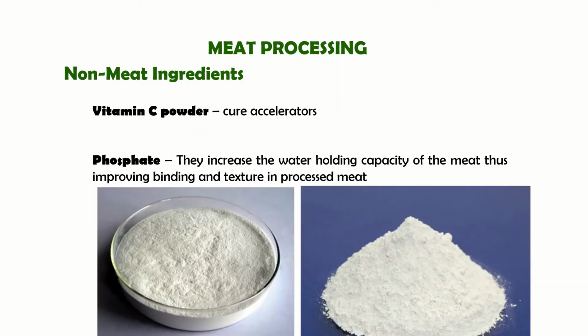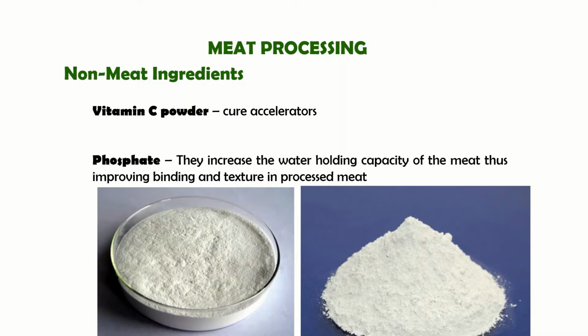Okay, next is the vitamin C powder. Vitamin C powder is also known as a cure accelerator. Why? Because this substance accelerates the reaction of curing salt. Meat products to be heat treated during manufacture instantly develop a uniform red color which can be intensified in the presence of cure accelerators.